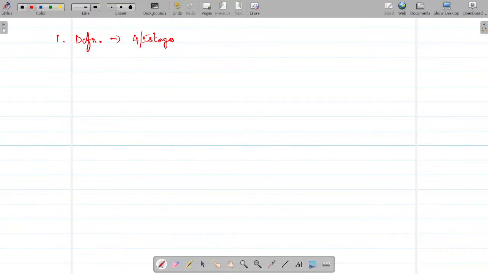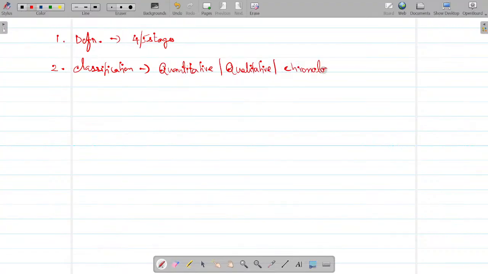Second, we went into detail with respect to different types of classification. You remember? What are the different types of classification? Quantitative, qualitative, chronological, and geographical.